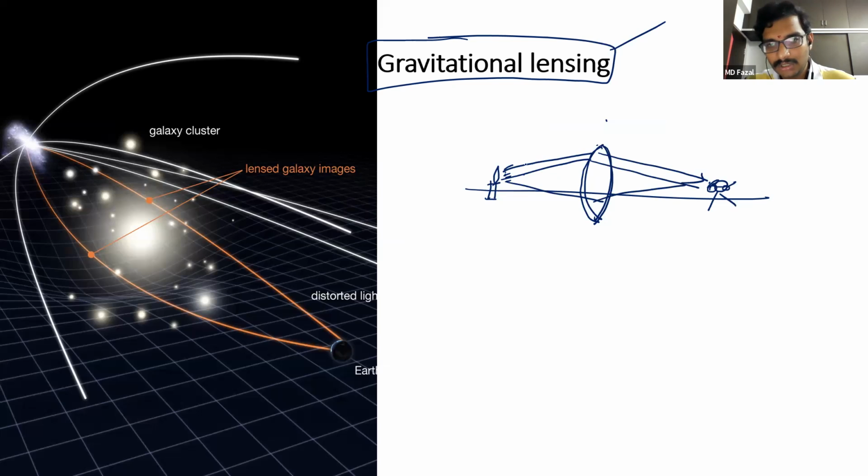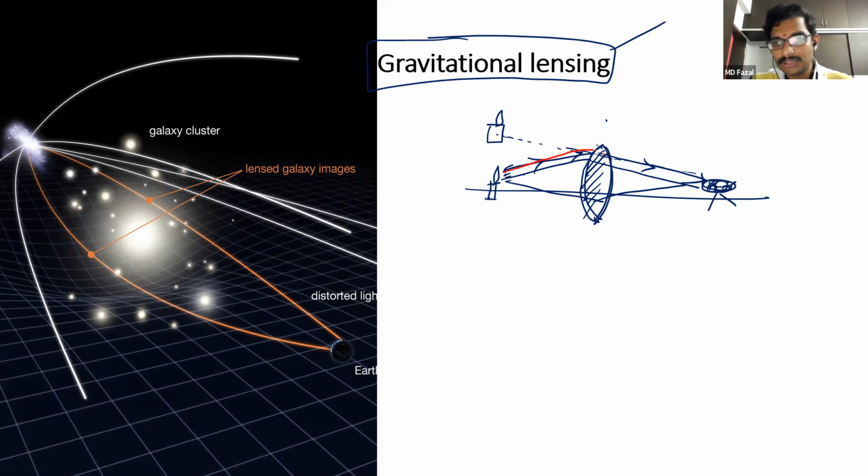Now, this light is reaching you. You are observing with your eyes. You will feel that because of this bending, the candle is here. The lens has bent these rays.